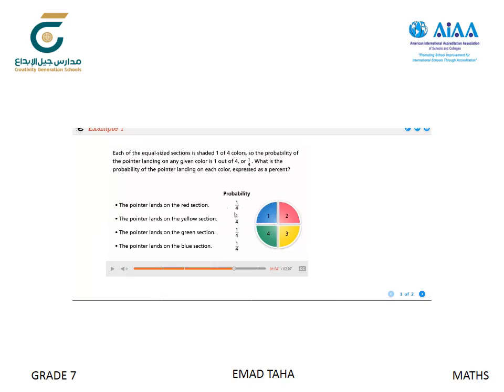Okay, we can express 1/4 by a percent or a decimal. Okay, who can tell me what is the decimal formula for 1/4? Remember that 1/4, half and 3/4 are famous fractions.